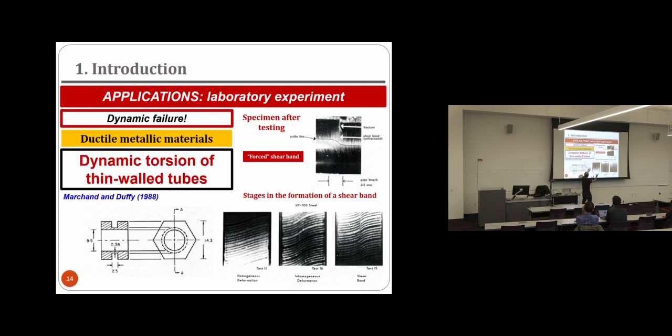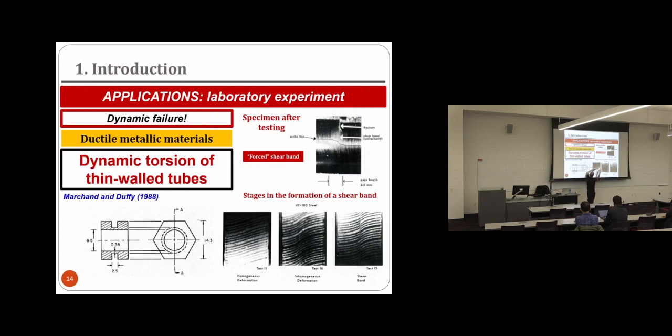So using the torsion bar, basically they were able to take the sample and twist it. You can see these lines here, okay? They were drawn on the surface of the specimen before testing. So before the experiments, these lines were horizontal.